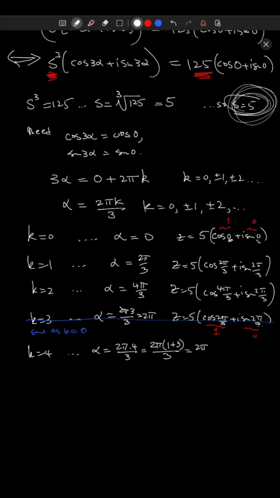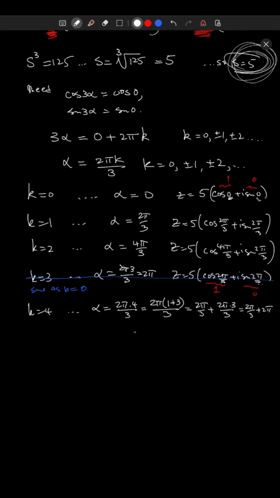And that's 2 pi over 3 plus 2 pi times 3 over 3. Those 3's cancel, so I get 2 pi over 3 plus 2 pi. All right? So that corresponds to z equals 5 times cosine of 2 pi over 3 plus 2 pi, plus i sine of 2 pi over 3 plus 2 pi.